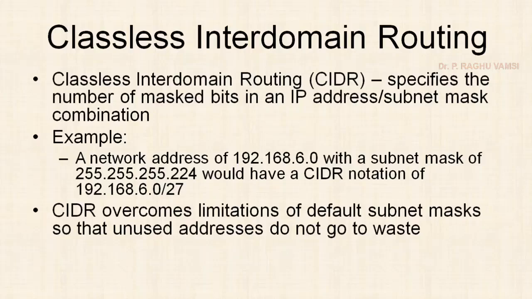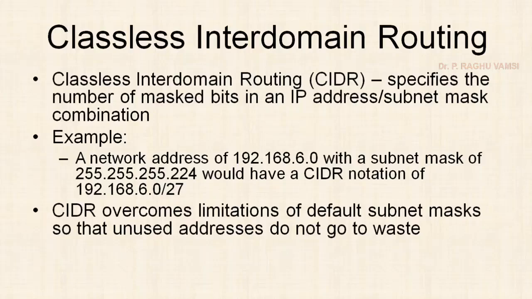Instead, why can't you use classless interdomain routing? Whatever the class you use, either class A, class B, class C, there is a specific way of mentioning the subnet mask, irrespective of the class of IP you use. That is what we call classless interdomain routing.